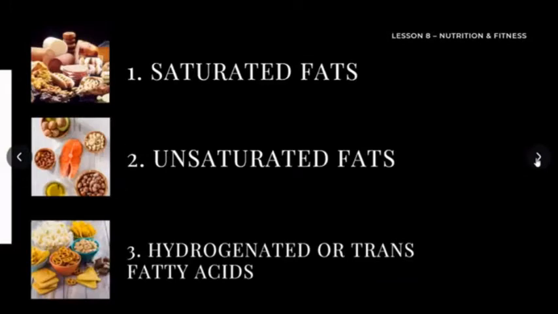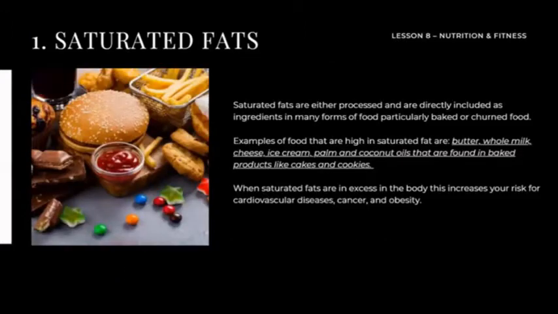We have the saturated, unsaturated, and hydrogenated fat. The first one is saturated fats. This is also known as bad fat, or low density lipoproteins, the form of lipoprotein in which cholesterol is transported in the blood. This type of fat is characterized as being solid at room temperature.